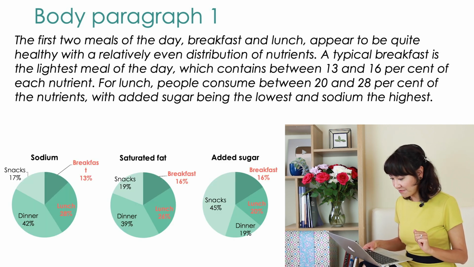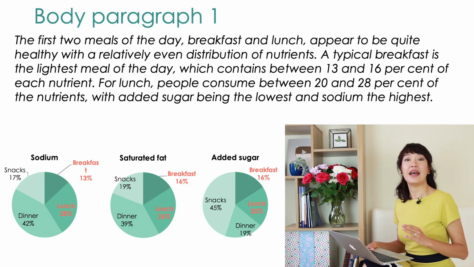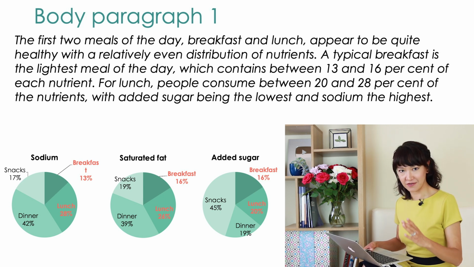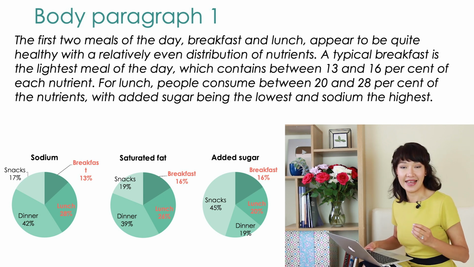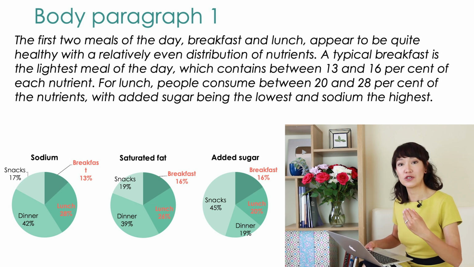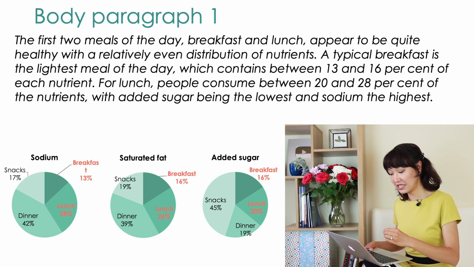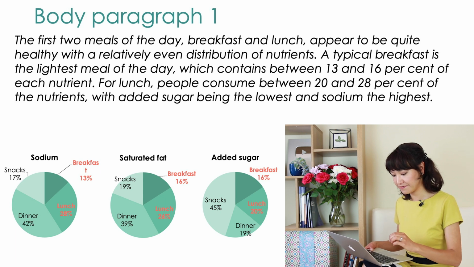A typical breakfast is the lightest meal of the day, which contains between 13 and 16% of each nutrient. As you can see in the first part of the sentence, I make a claim. Breakfast is the lightest meal of the day. And then I provide some figures to support it. It contains between 13 and 16% of each nutrient.